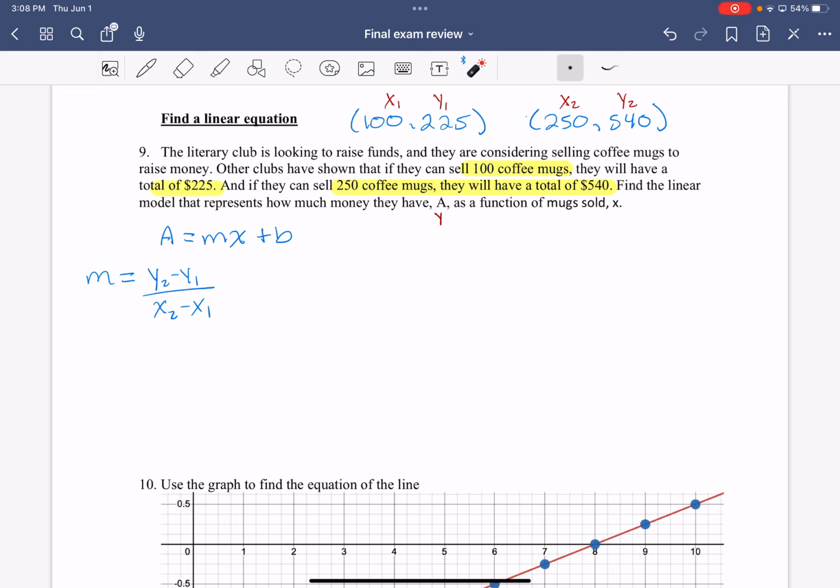Let's say our Y2 would be 540. So I chose to call my first point x1, y1, or a1, and then my second point x2, y2.